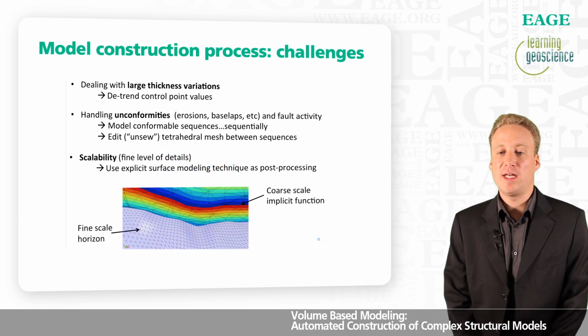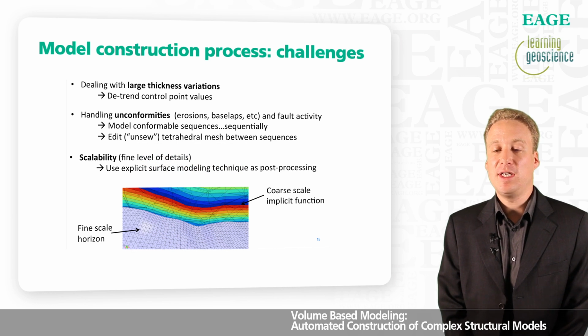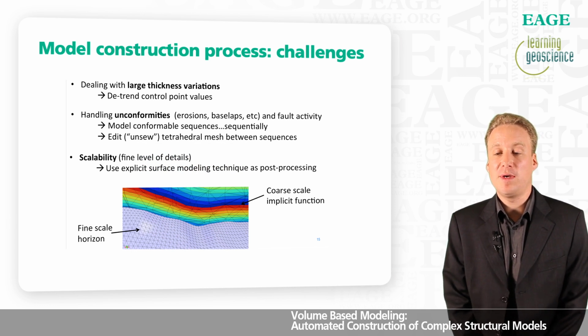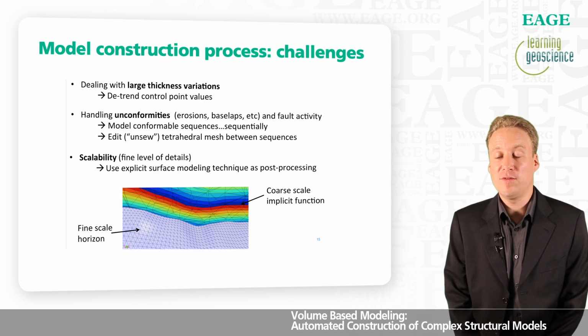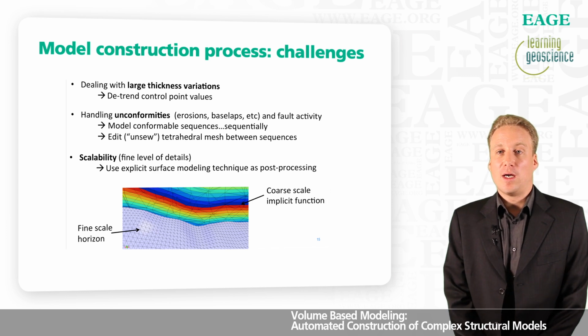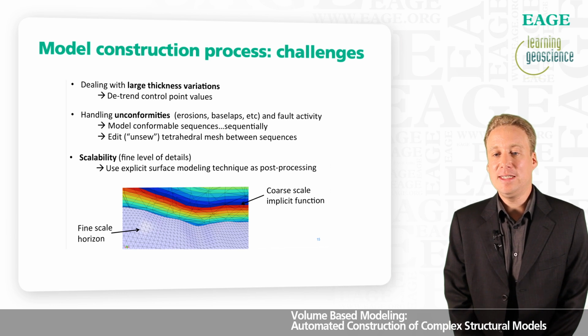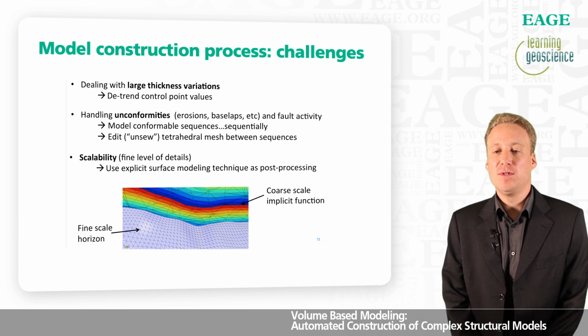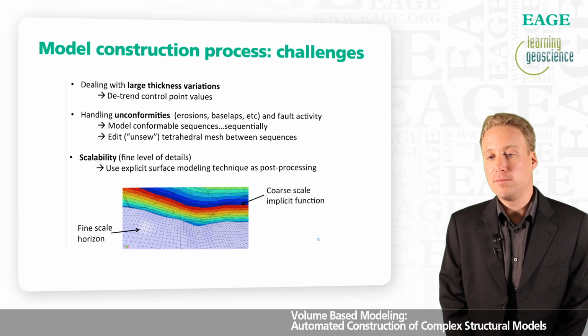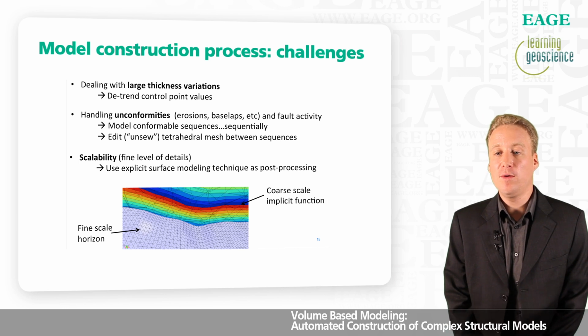The third challenge that we had to address is scalability. Because we are using a tetrahedral mesh as a support for the interpolation of the stratigraphy attribute, we cannot model very finely detailed horizons using this technique, because having a much higher resolution requires a much bigger tetrahedral mesh.